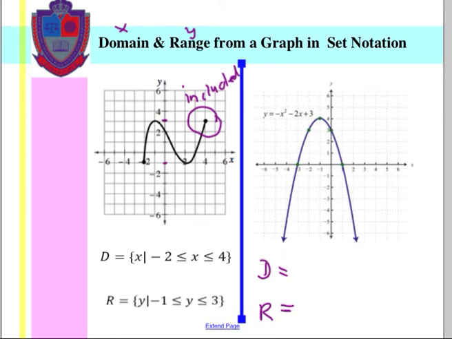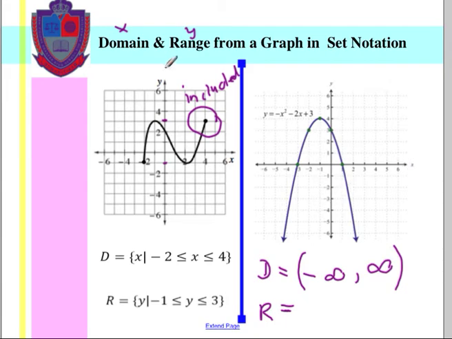So the domain for this is going to be, since this is going on forever, open parentheses, and when it goes down, that's negative infinity. Remember, domain is x, I'm going to be going down all the way. I don't know where I'm stopping, comma, positive infinity, because I don't know on the positive side where I'm stopping.